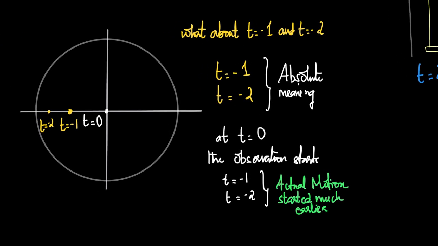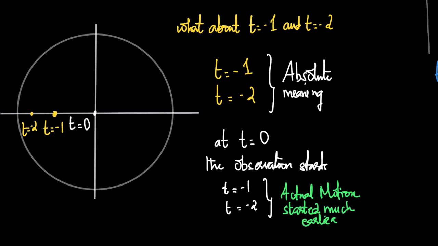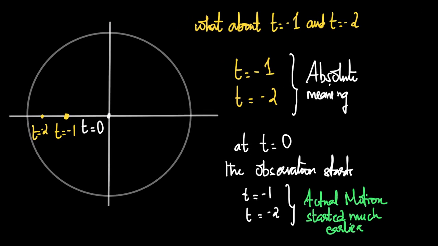Now, like we said in the previous concept, regarding the validity of pointing out these negative values, t is equal to -1 and t is equal to -2.